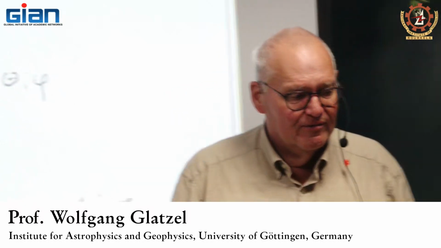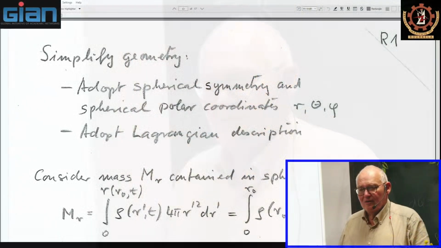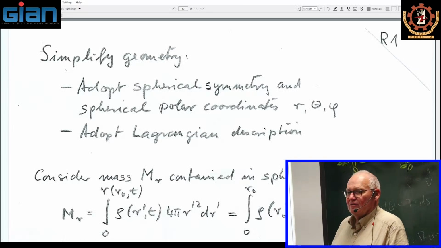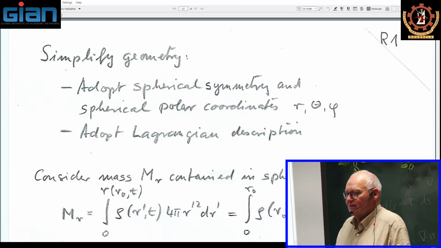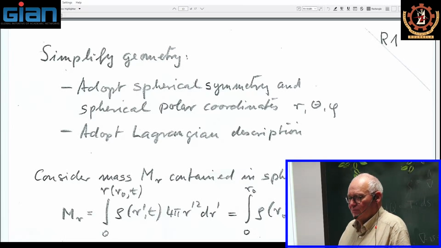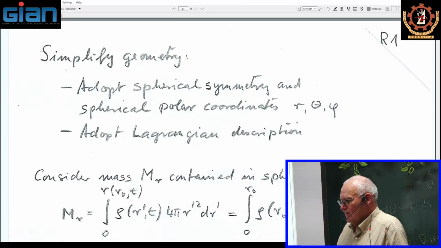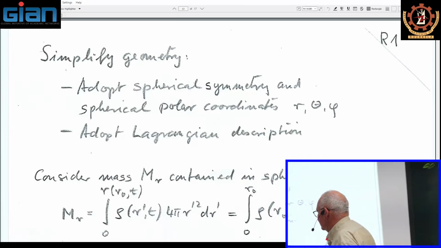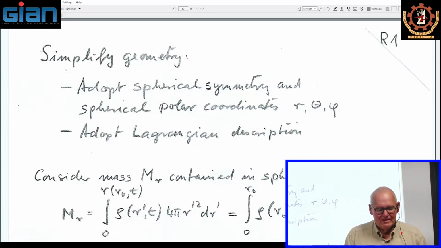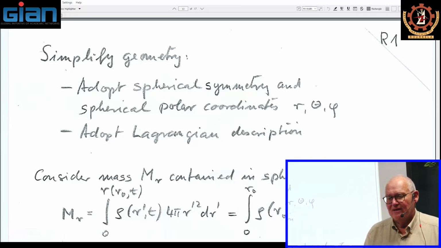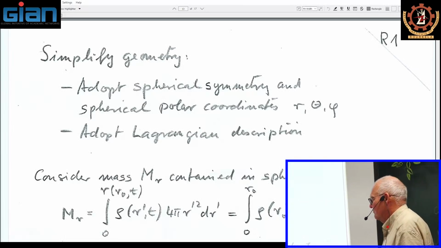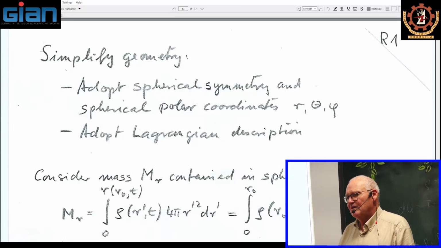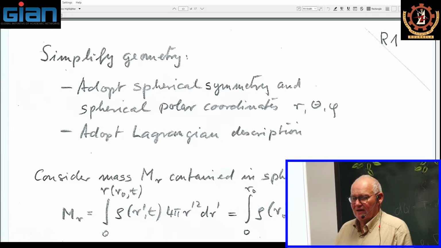First of all, we introduce a new Lagrangian independent variable. So far we have taken the initial position vector of a mass element as the Lagrangian coordinate. Rather than taking r0, the initial radius of our mass element, as the Lagrangian variable, we consider the mass contained in a sphere of radius r as a variable.